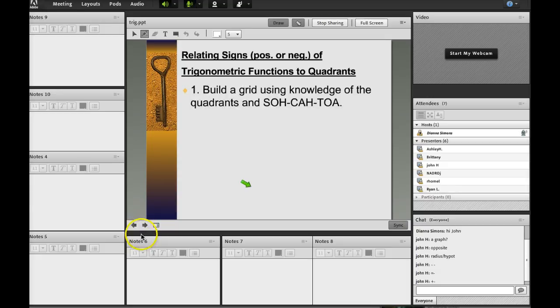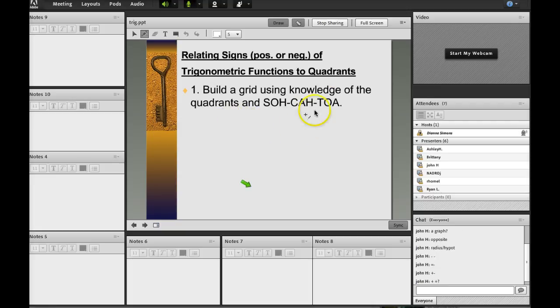So, build a grid using the knowledge of the quadrants. That would mean in the first quadrant, what are our x and y values? What I mean is, in the first quadrant, what are the signs of our x and y values?